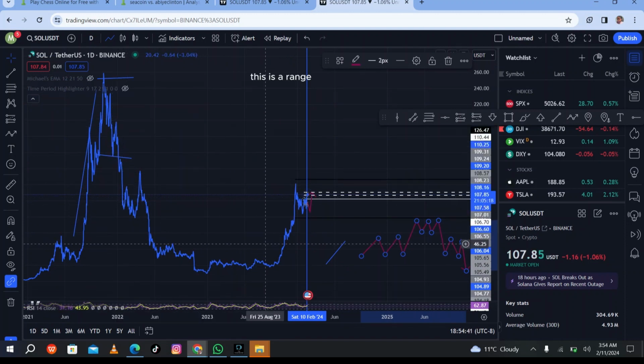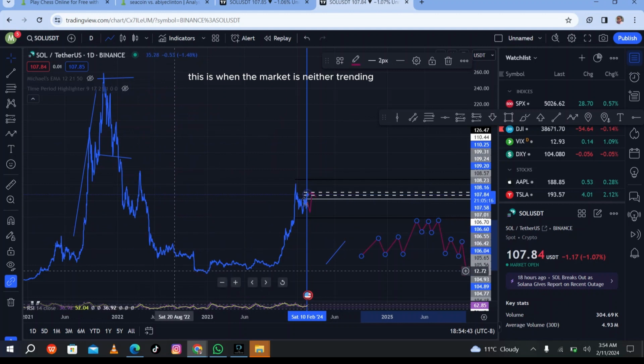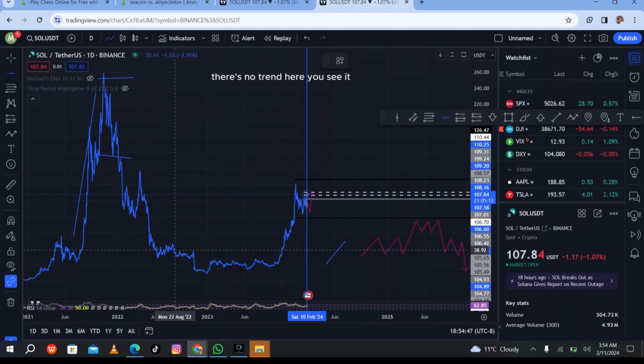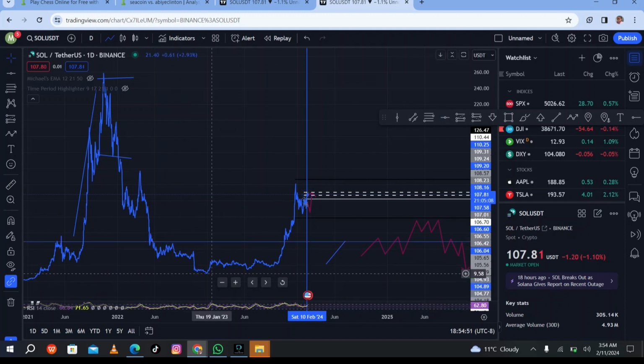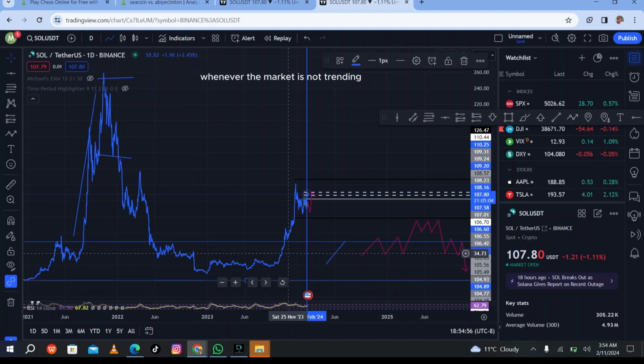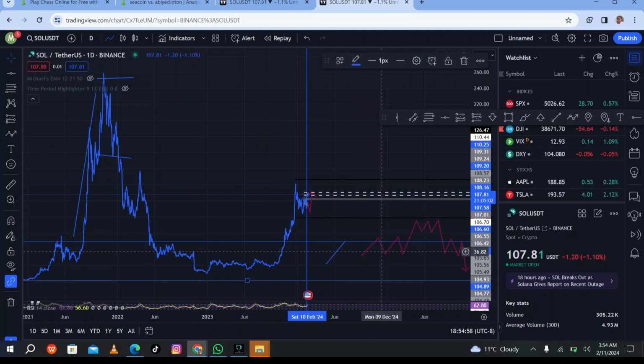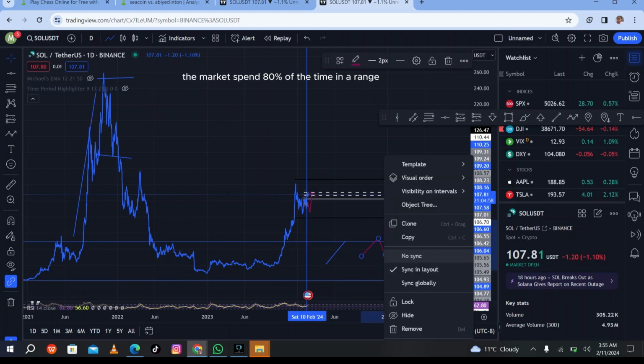This is a range. This is when the market is not trending, there is no trend here. You see it. Let me put a line here and another line here so you can see what I'm trying to say. Whenever the market is not trending, it is in a range, and most of the time the market spends 80% of the time in a range.